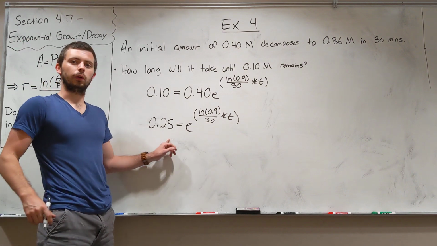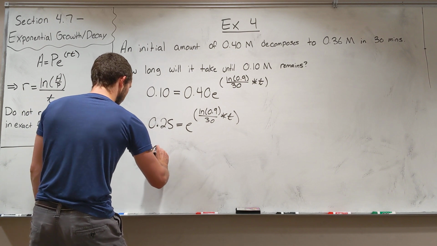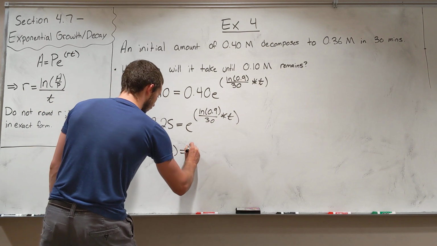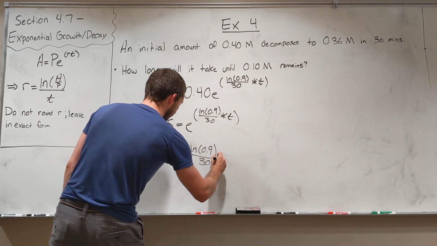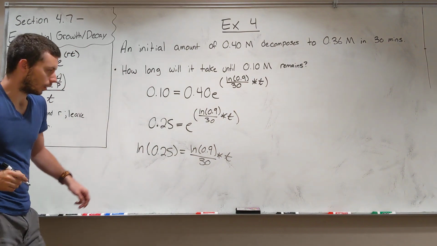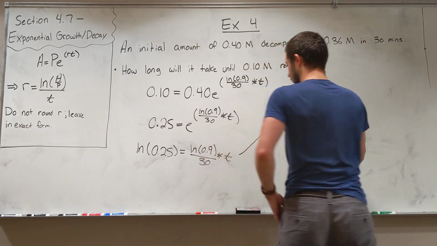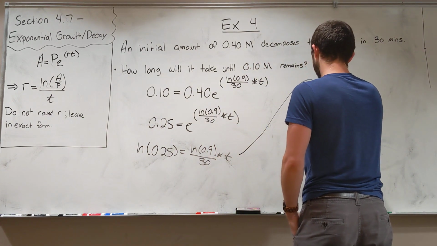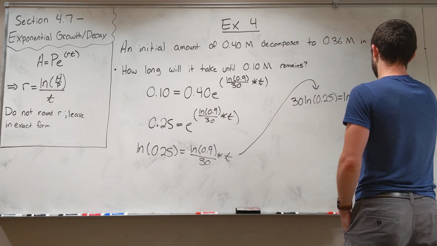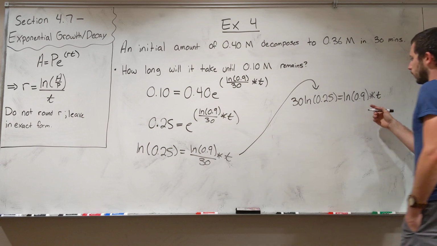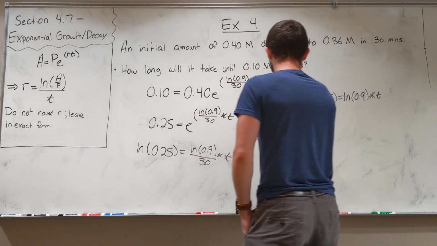Again, we apply the natural log to get rid of the e, as we've done before. Now we can multiply both sides by 30. Finally, just divide both sides by natural log of 0.9 and we get t by itself.